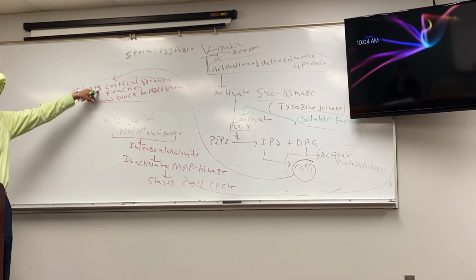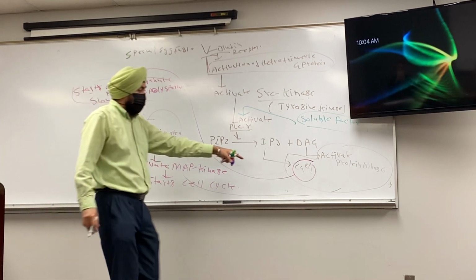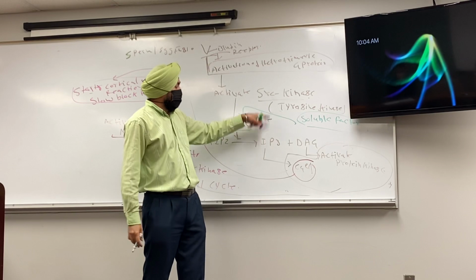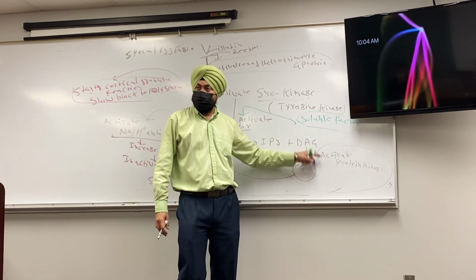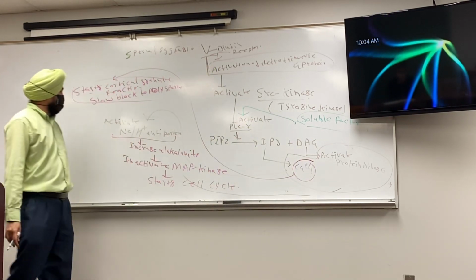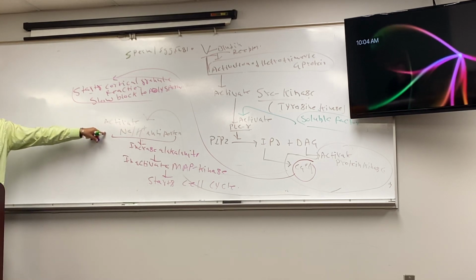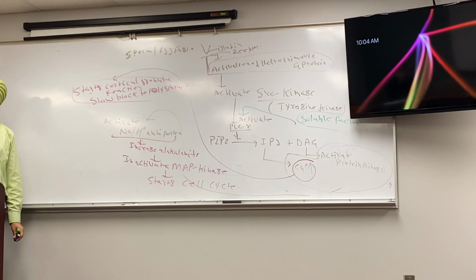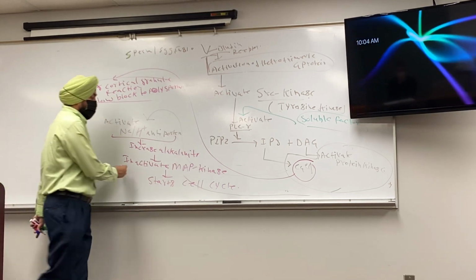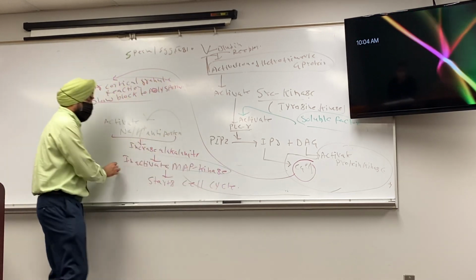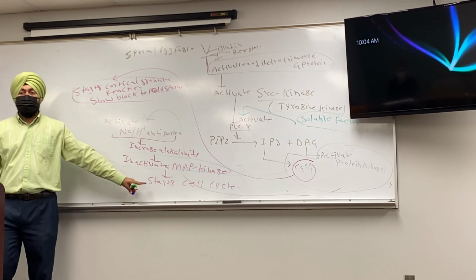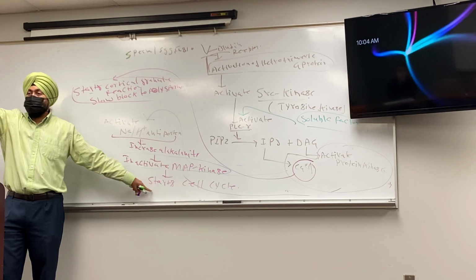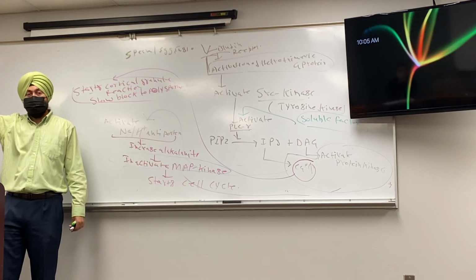And once that is achieved, this calcium is going to bind to other calcium activated receptors, and this PKC, which is activated together, is going to act on the sodium proton antiporter, activate it, and increase alkalinity. Once that happens, that is going to inactivate MAP kinase. Once MAP kinase is inactivated, you will enter the cell cycle. So the new cell division or new development is going to start.